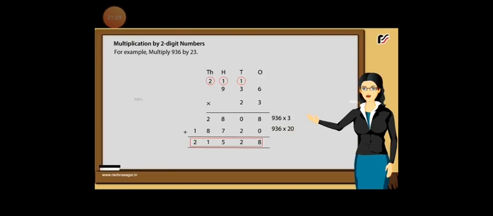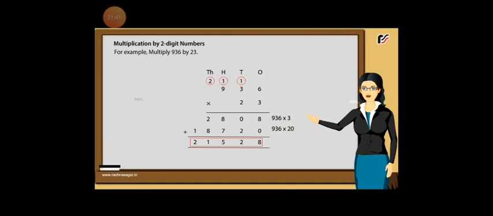As you can see, students, in this video I have shown you earlier, multiplication by 2 digit numbers. Here they have taken the example 936 multiplied by 23.